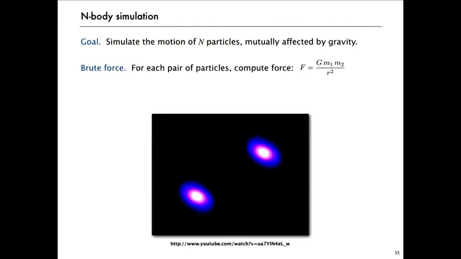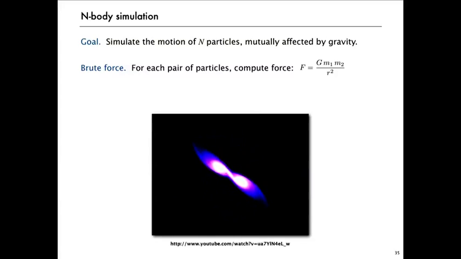And so then there'd be mutual gravitational pull, and this is what happens with a large number of particles in a certain simulation, and people understand properties in the universe by doing these kinds of calculations and comparing against what's observed in space.